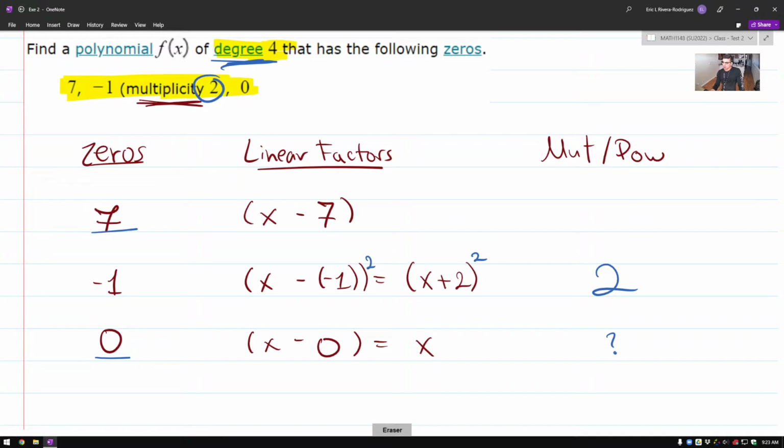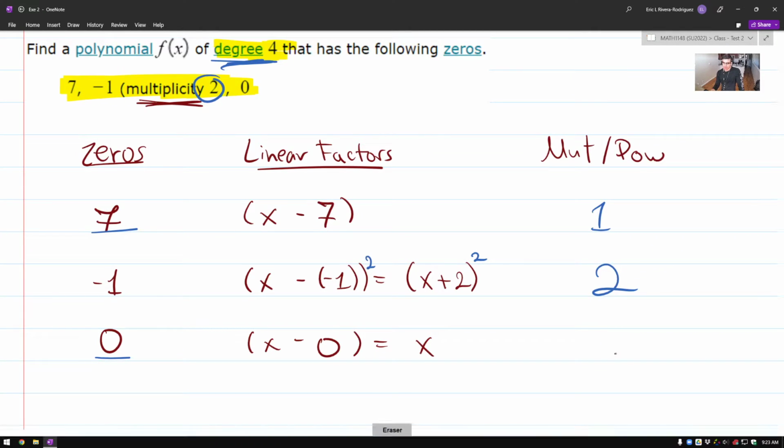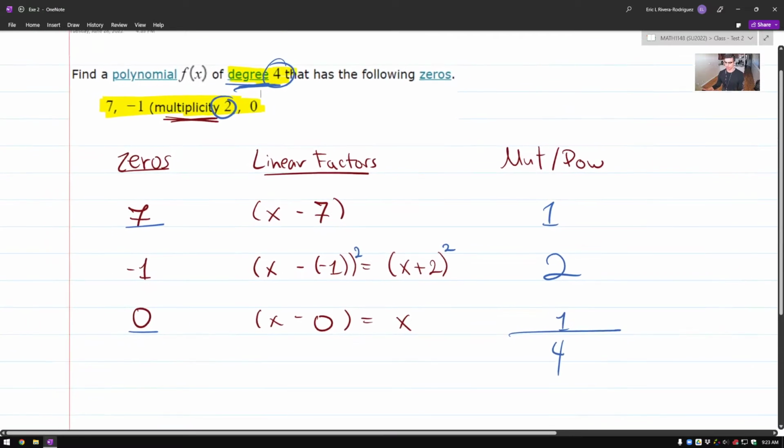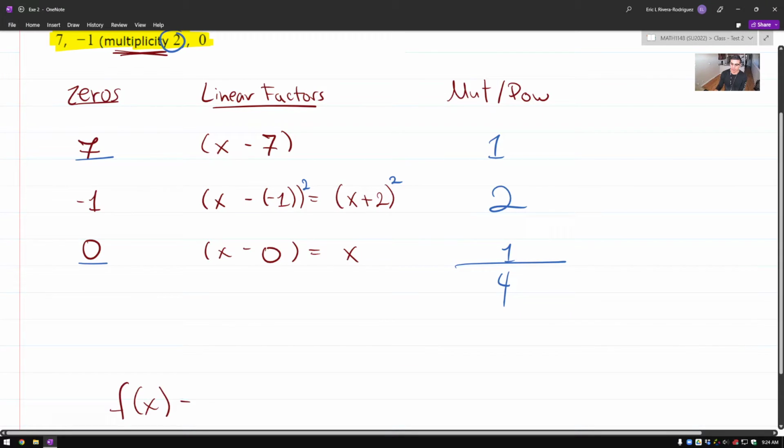If we put 1 here, these two together make 3, right? And 1 here. When we add these together, we get a value of 4, which is the degree, and we are good with that. Now, from this table, we have all the information that we need to write our polynomial.